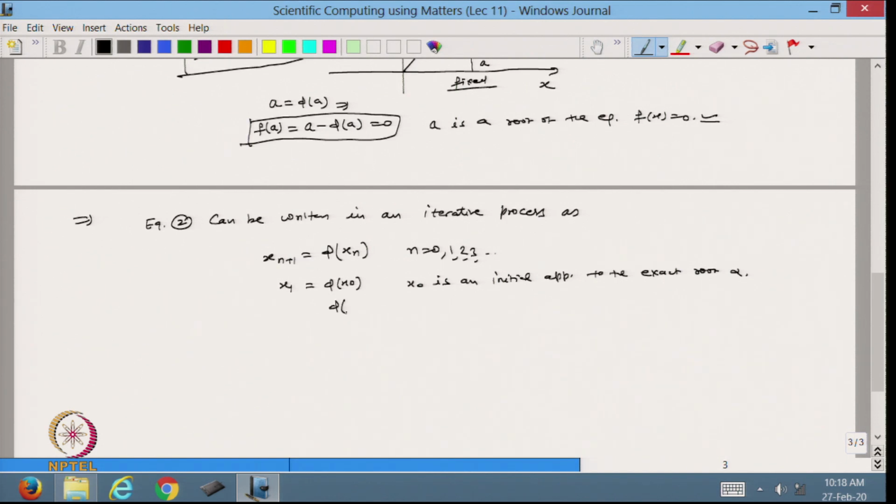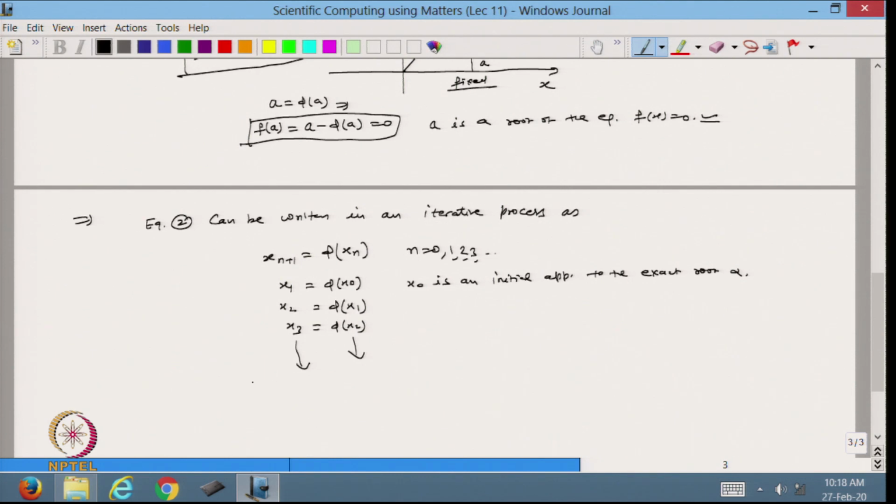Now I put the value of x 1 and I will get the value of x 2. That is my second approximation. I will use this x 2, I will get x 3. This is the third approximation. Based on this, I will iterate or improve my approximation value of the root.